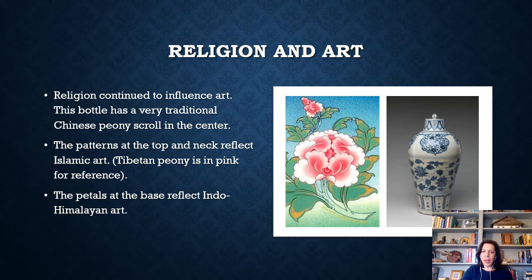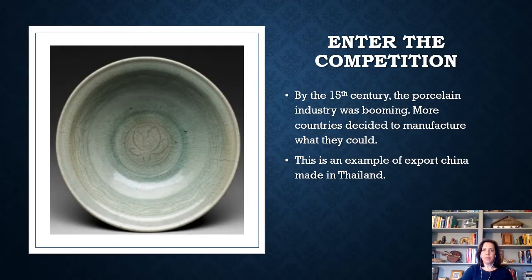And then the petals at the very base, kind of stylized, elongated petals, reflect Indo-Himalayan, so again, more Tibetan in nature. So I just thought that this vase was a great visual representation of kind of the merging of cultures and religions that we were seeing due again to all of the interchange that was happening on the trade routes.